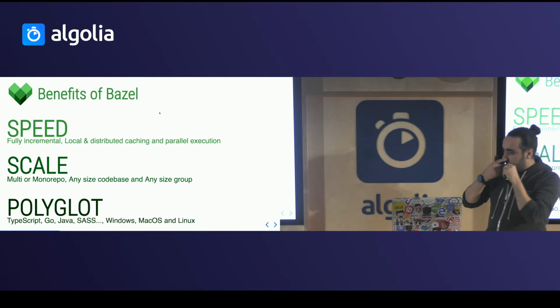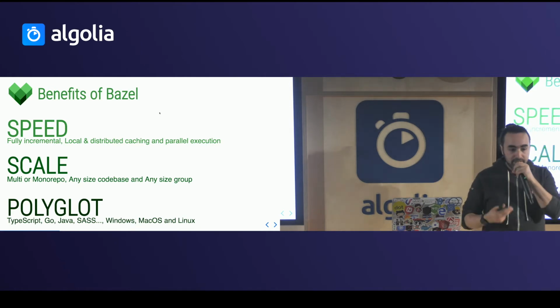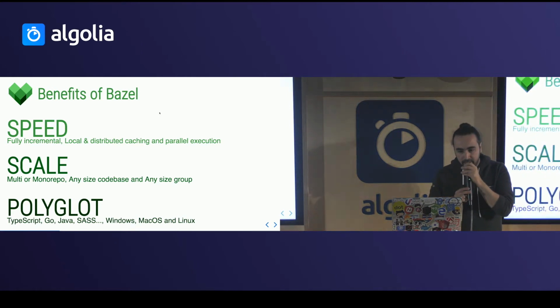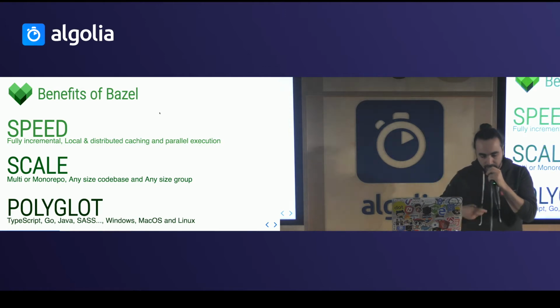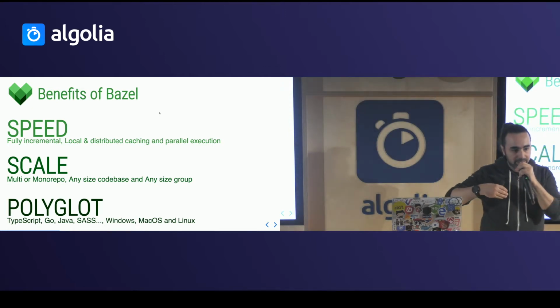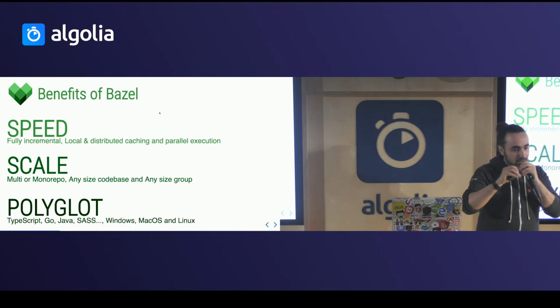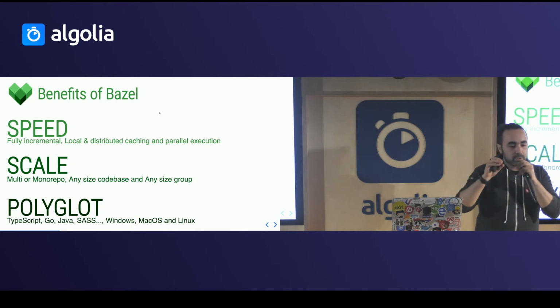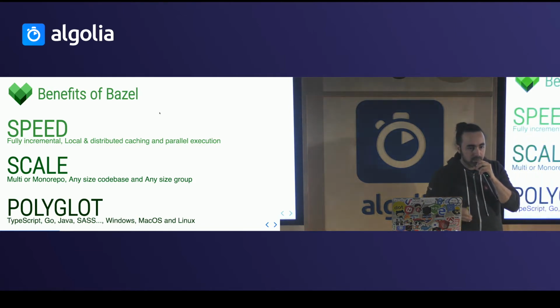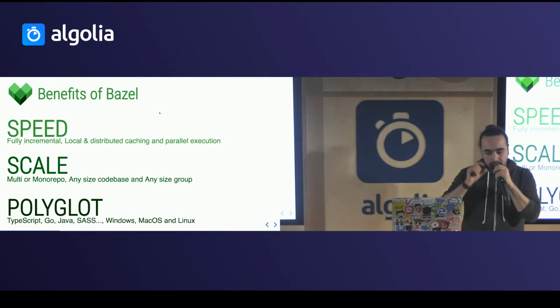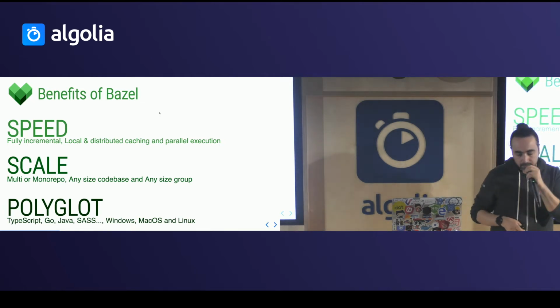Some of the benefits of Bazel are, first of all, speed. Bazel is capable of fully incremental builds, so you only build exactly the code that has changed, not all the modules, not all the files, down to the function level.